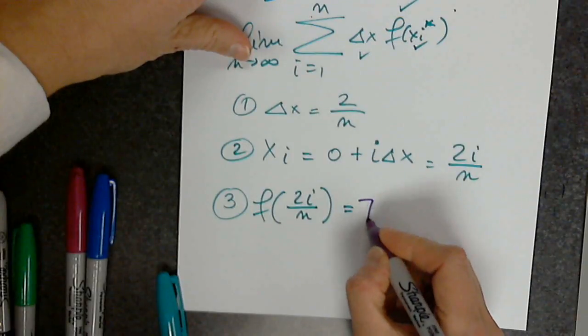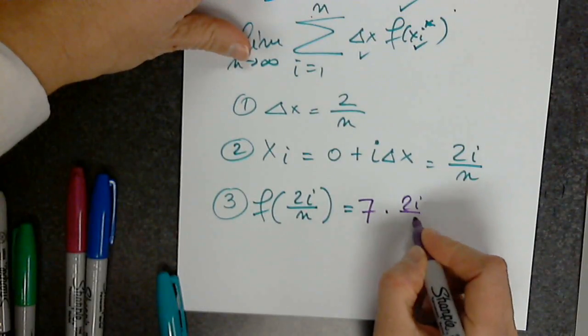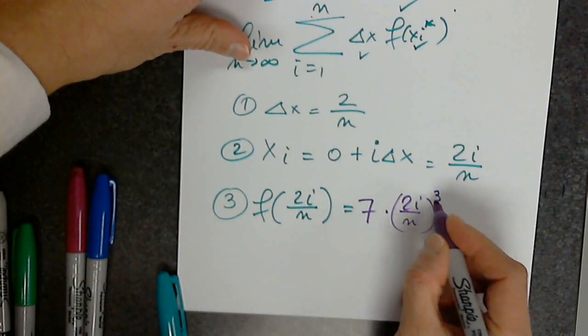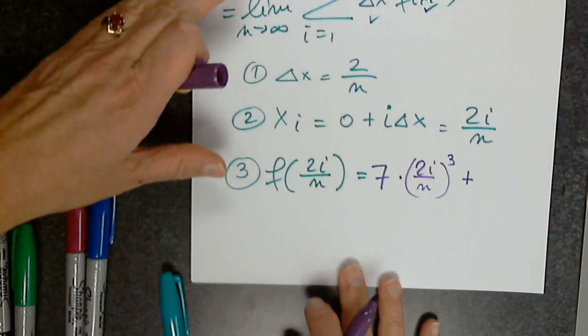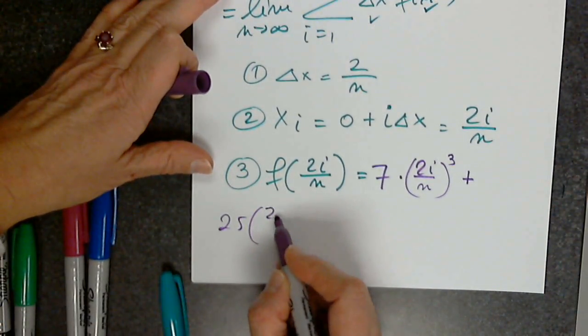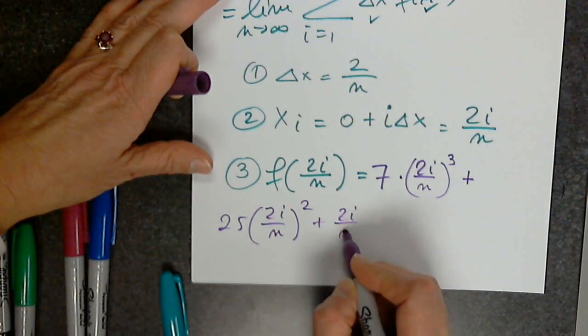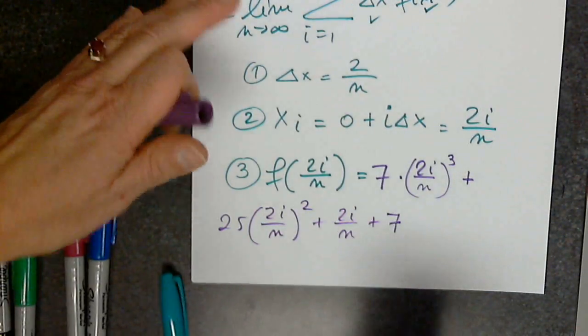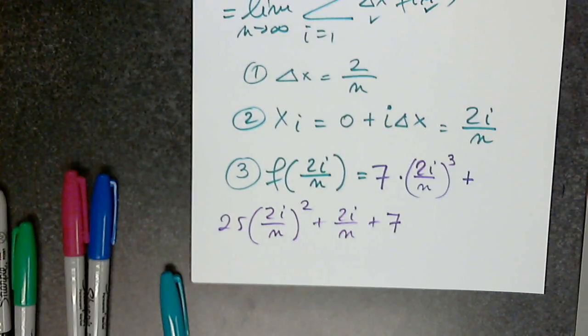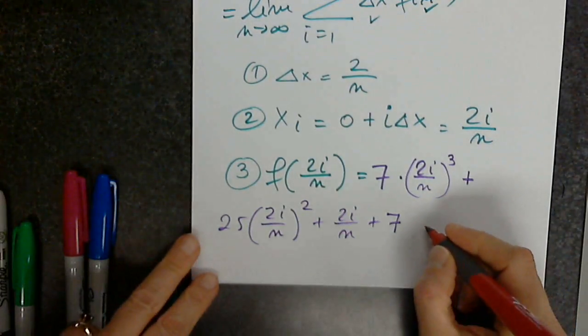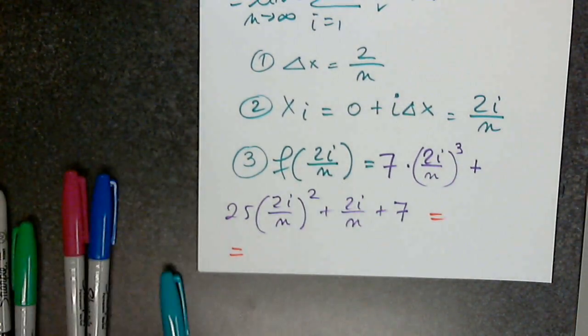Yes, I have 7 times (2i over n) to the third plus 25 times (2i over n) to the second power plus 2i over n plus 7. Clean it up and give it to me without parentheses. Tell me what to write and I will write it.